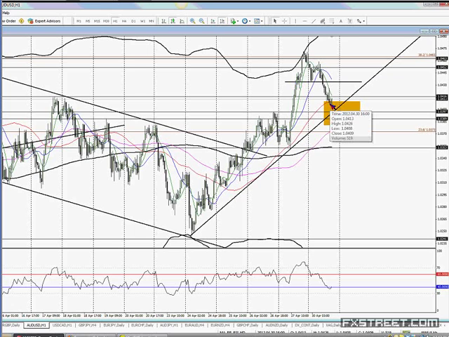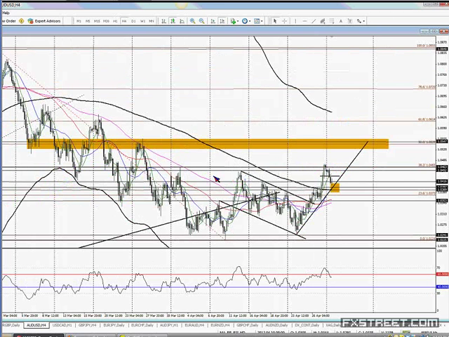So RBA decision. Also, you have China manufacturing PMI coming out a few hours before that. I think 3 hours before that. So the Aussie dollar ahead of that has already scaled back from an important resistance level. Let's take a look at the 4-hour chart. Okay, you see this resistance level 1.0452 up to 1.0463 area.